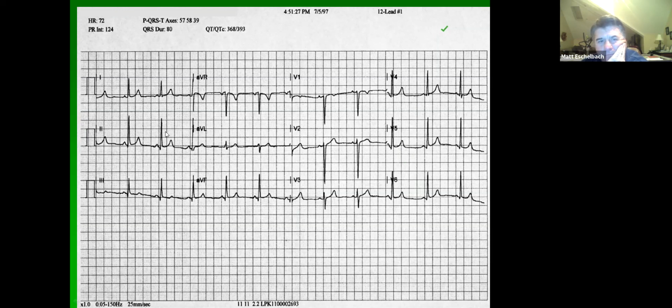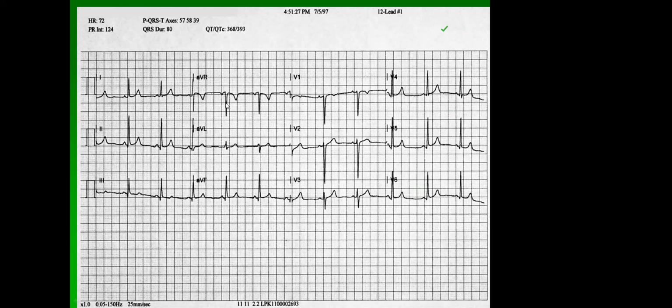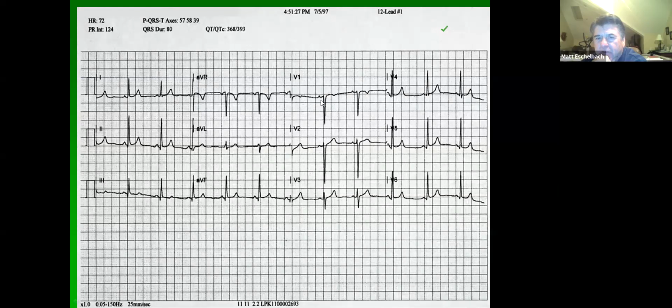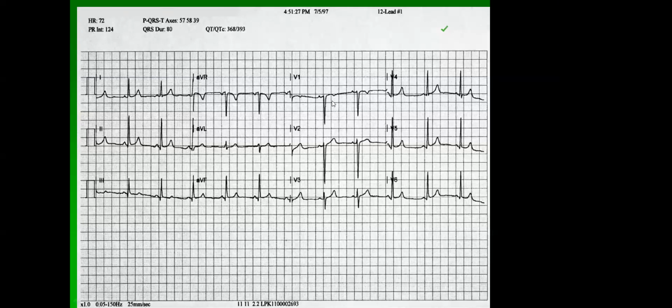So what about this upside down T wave in AVR and an upside down T wave in V1? Does that bother you at all? In AVR, isn't that normal? Yep. Both the P wave and the T wave in AVR should be the same. Yep. AVR and V1, they're going to be upside down, and that's normal.